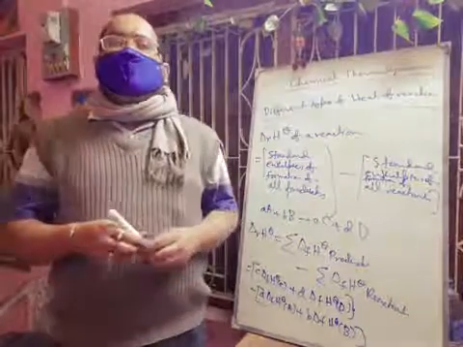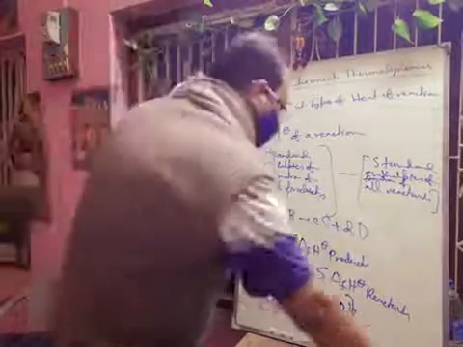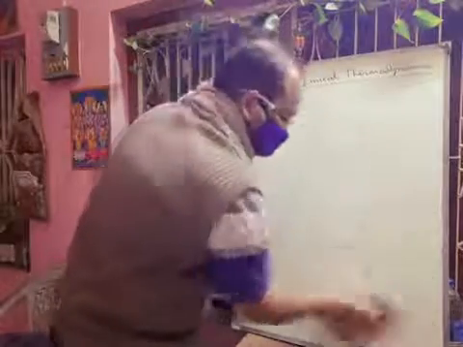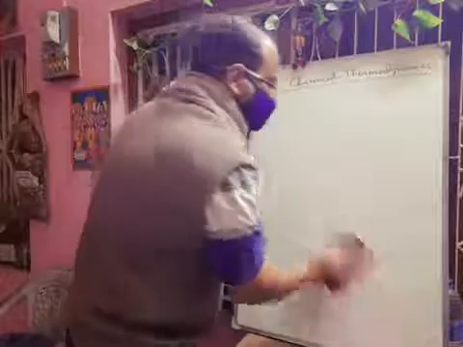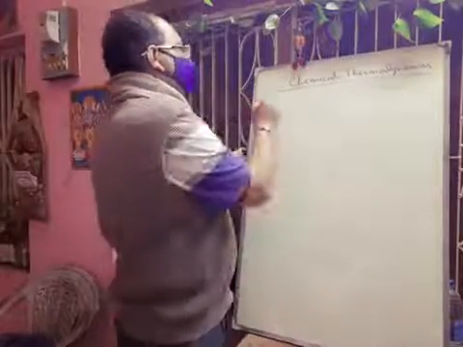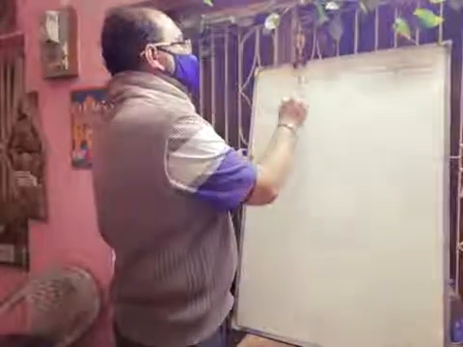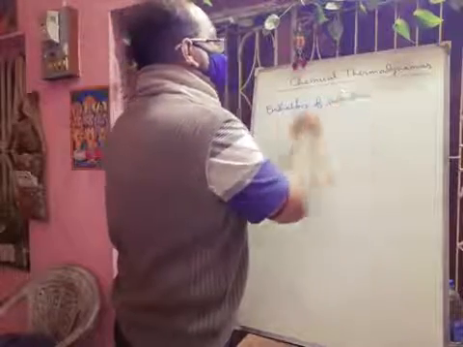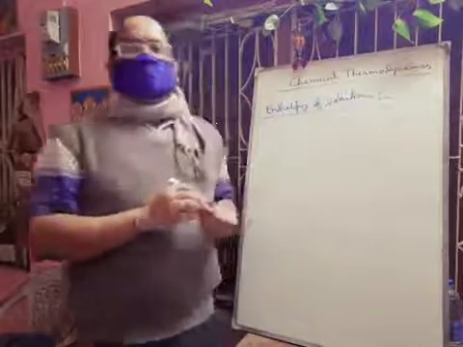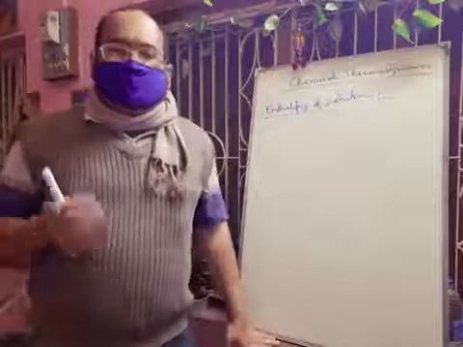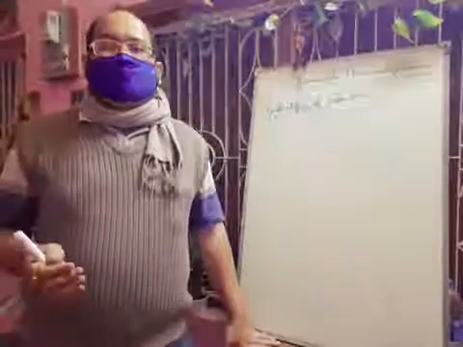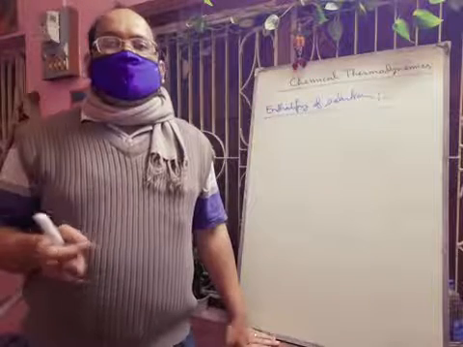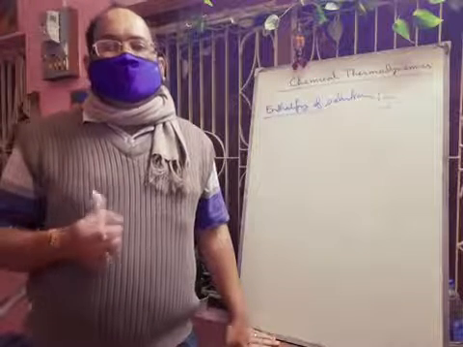Next we will discuss the enthalpy of solution. Enthalpy of solution is defined as the enthalpy or heat change when 1 mole of a solid is dissolved in large excess of solvent, so that further dilution no heat change occurs.